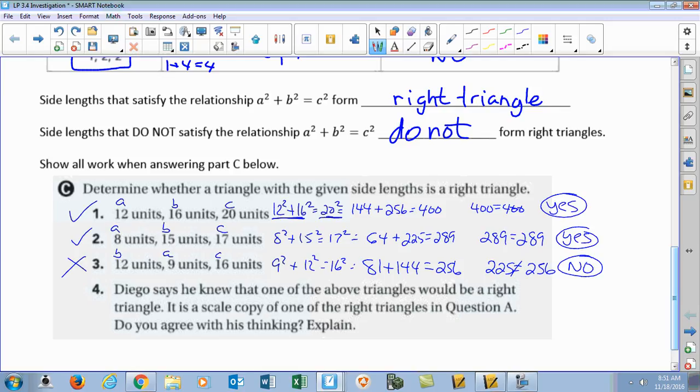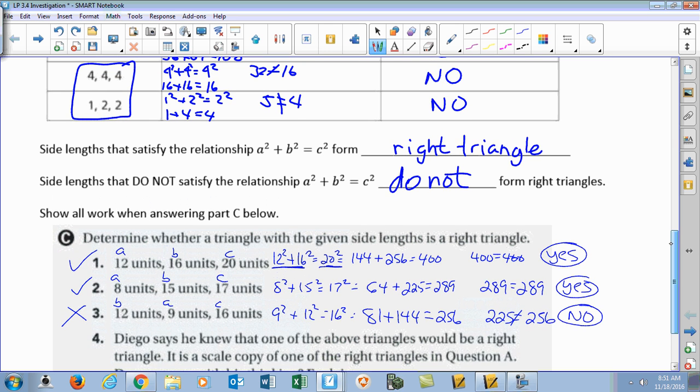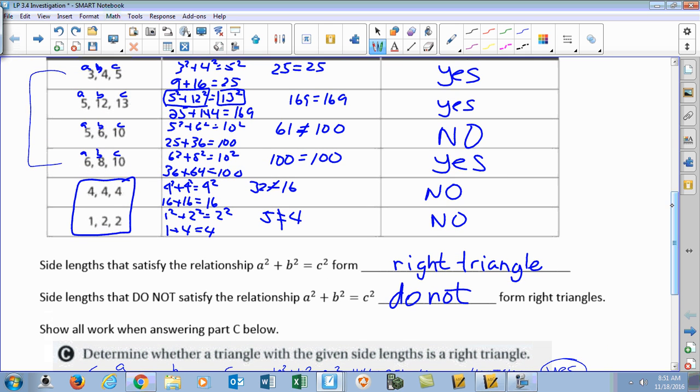Angelina, you think you see it? 12 and 16, 6 and 8, isn't that half of those numbers? Which one? Up top? Yes, 6, 8. Yeah, so you can call this number 4.